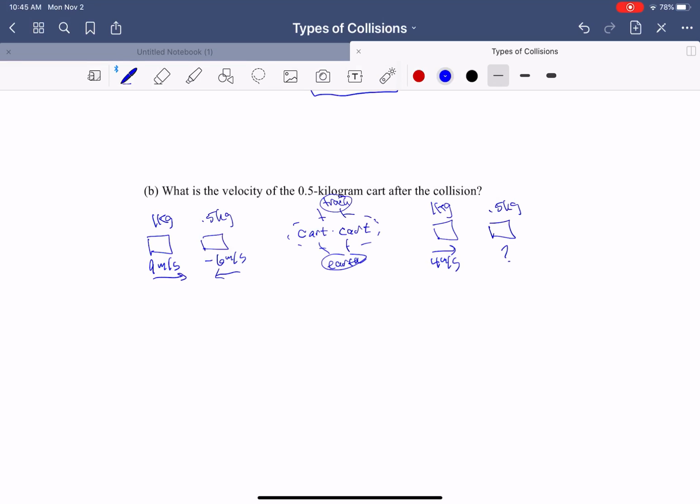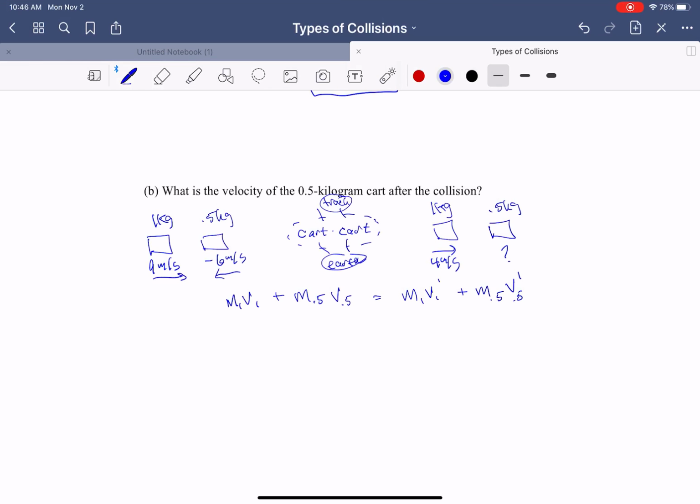So my momentum is conserved. So the mass of my 1 kilogram cart times the velocity of my 1 kilogram cart plus the mass of my 0.5 kilogram cart times the velocity of my 0.5 kilogram cart equals the mass of the 1 kilogram cart times the new velocity of my 1 kilogram cart plus the mass of my 0.5 kilogram cart times the new velocity of my 0.5 kilogram cart.